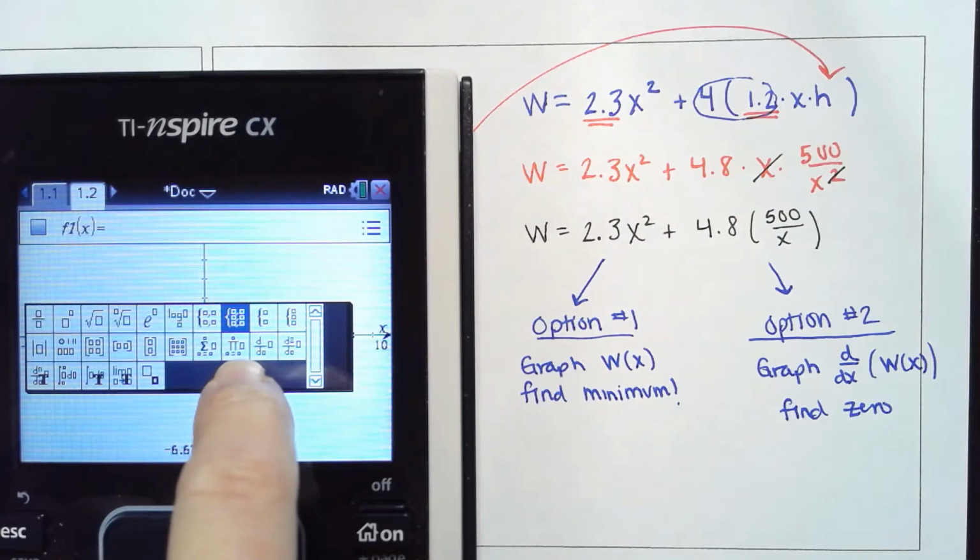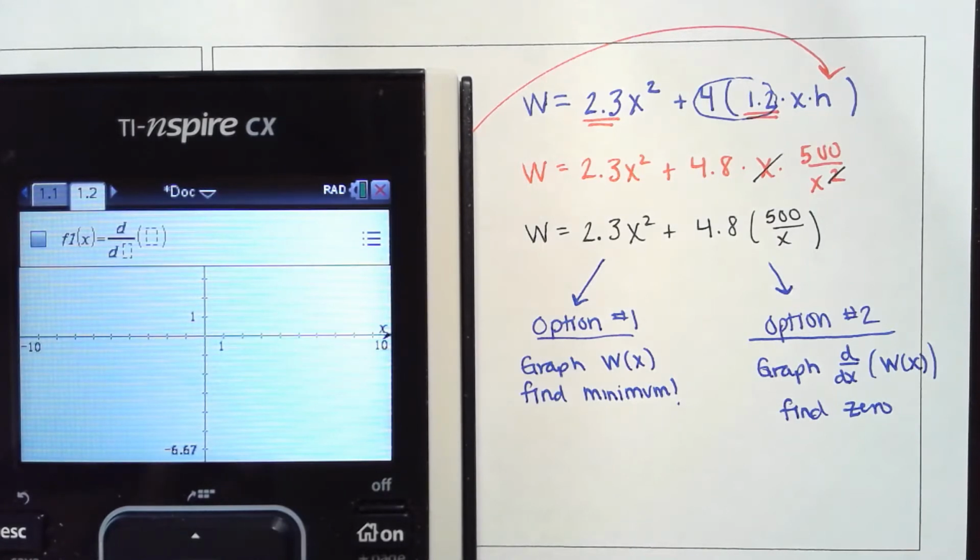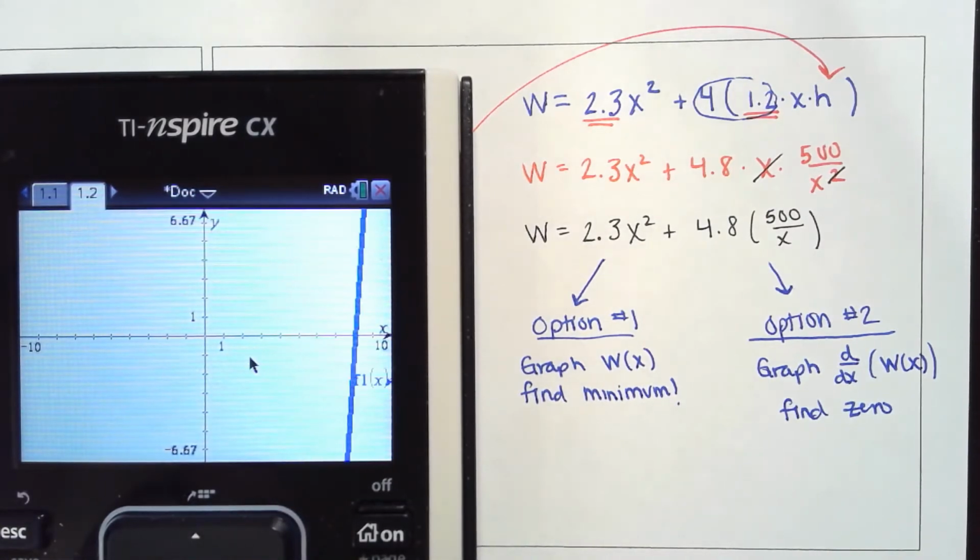I'm going to go to this box here that says dd blank of blank. So ddx, and then I'll type in my 2.3x squared plus 4.8 times 500 over x. We don't need to type anything else in. We don't need that x equals x. Oh, and look how much faster it graphed.